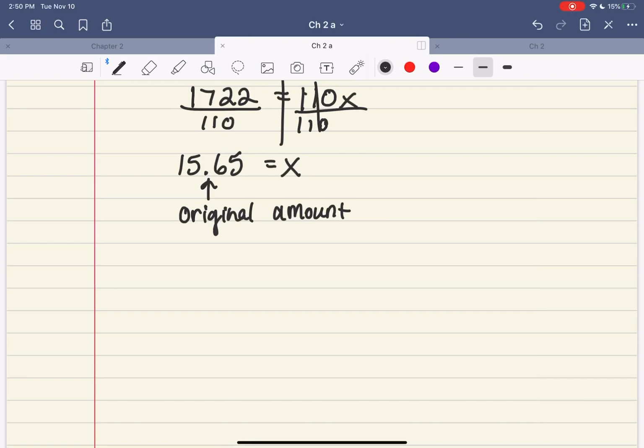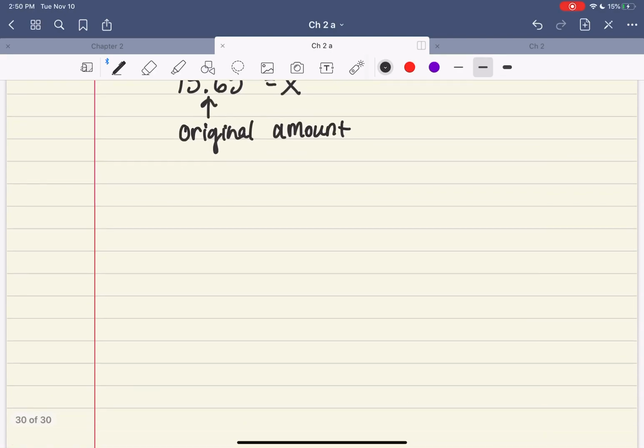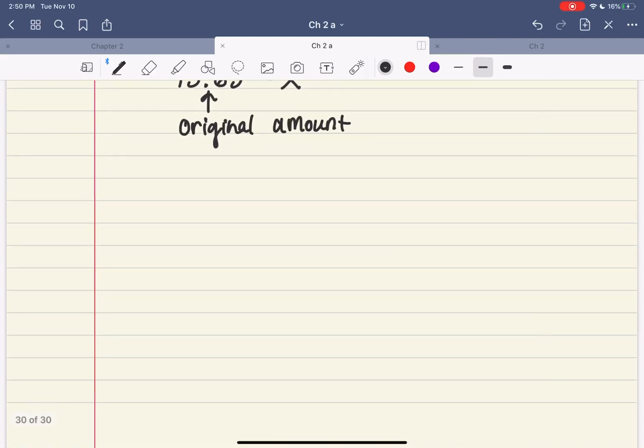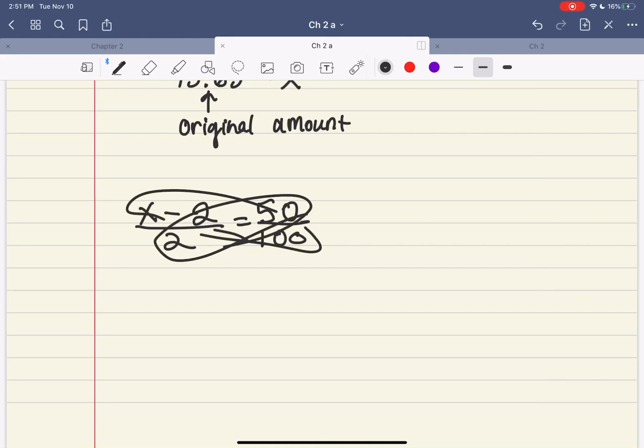You can do that with knowing the original and not the final as well. That's going to look more like, we'll say our final is x minus, our original is 2 over the original, and then we're saying that it's a 50% increase, okay? Something like that. When you cross multiply, it's going to be the same kind of process.